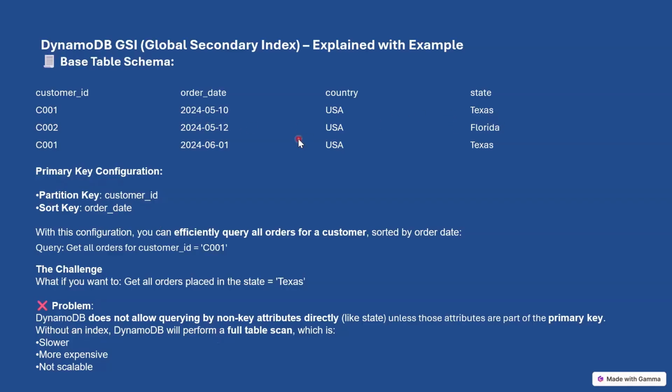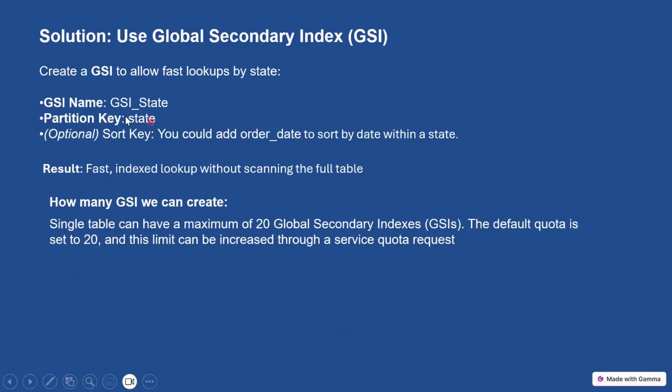So what is the solution? You need to create a global secondary index. While creating a global secondary index, guys, you just need to give the name of the index and give another partition key. So in your same table, you are creating another index. You must know the concept behind indexes, right? Here you are creating another index on the state column.